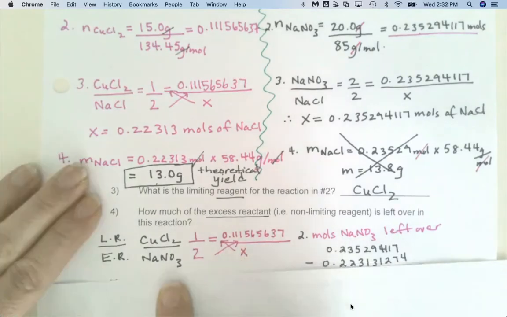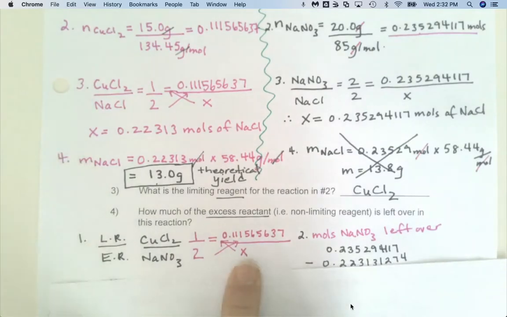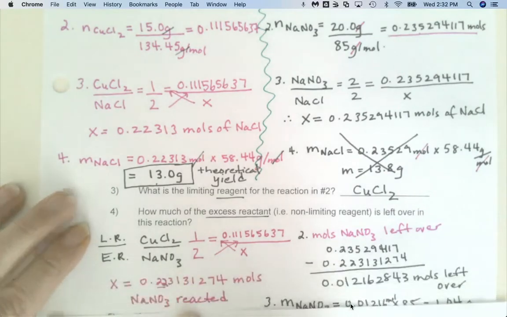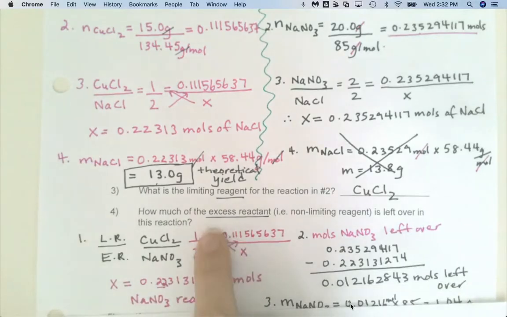On the bottom, we are going to let X represent how many moles of sodium nitrate reacted. So when I do a simple little cross multiplying, we get 0.2231311274 moles. And yes, I kept all digits at this point in time. So this is how many moles of your excess reactant actually reacted.